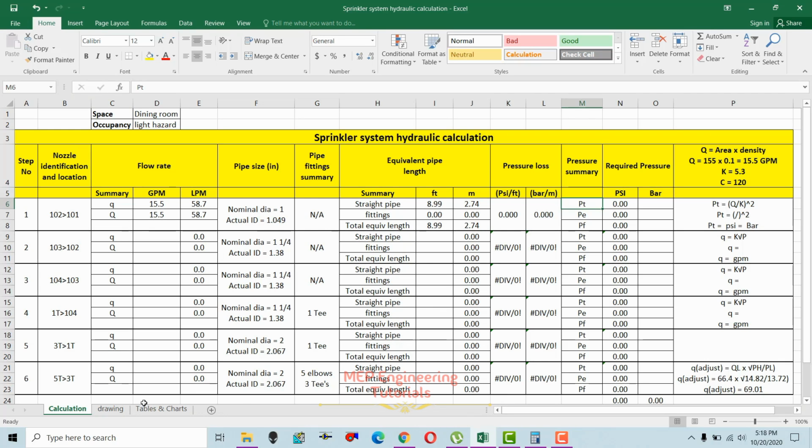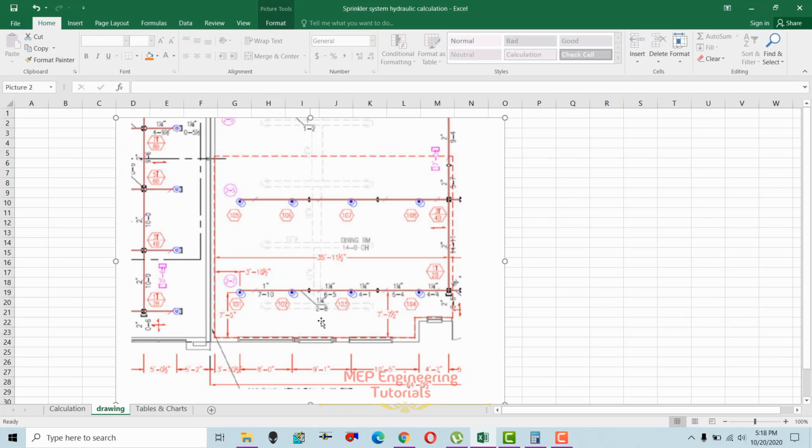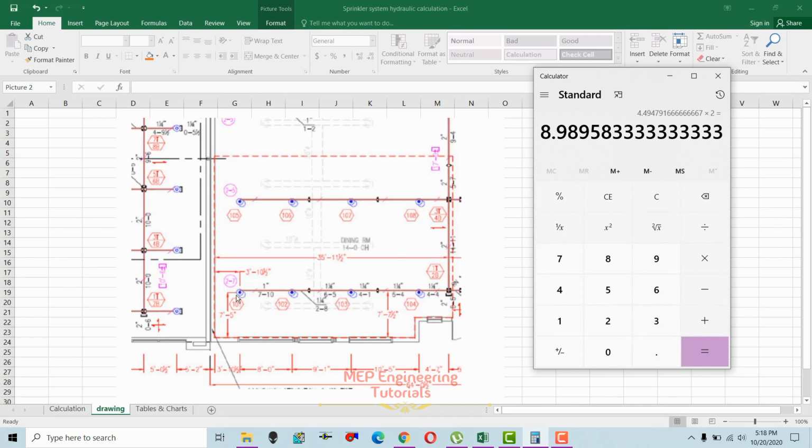But before that, I have to go back in here and define the distances as per NFPA 13 standards. You can see that this distance is 8.98, this is 8.98, this is 8.98. So we need to multiply with 3, that is 26.96, and we know that the total width of the room is 35.95.